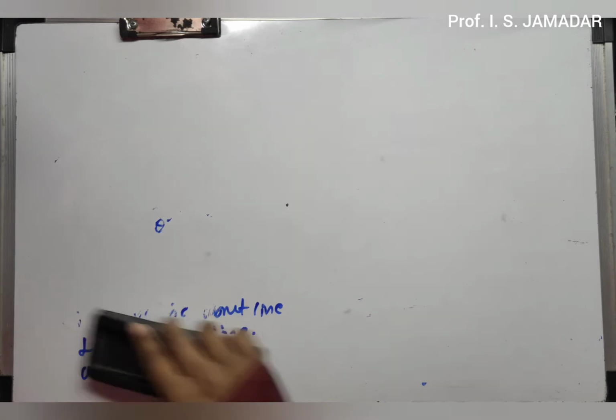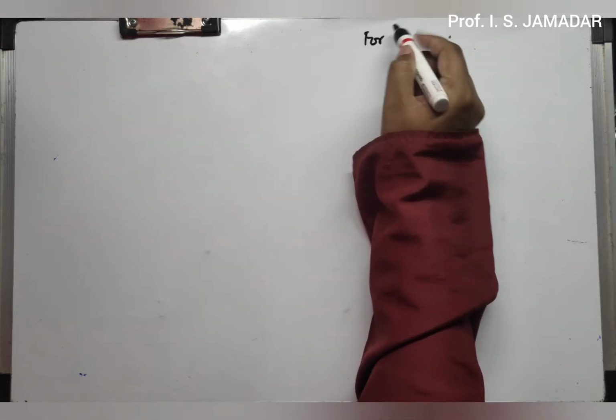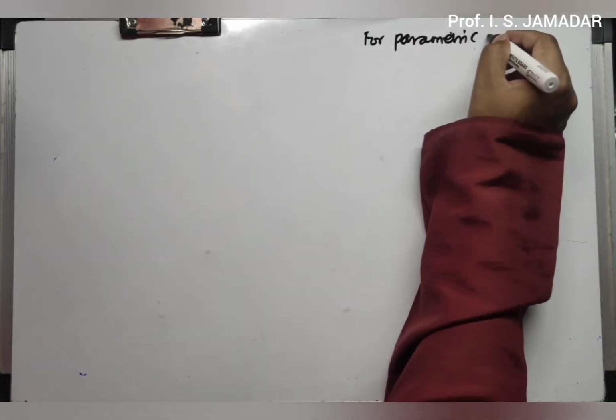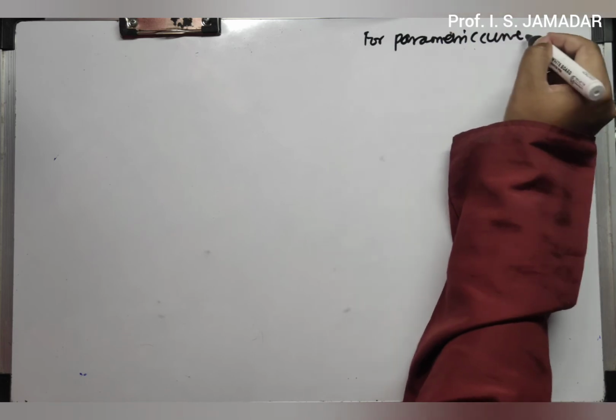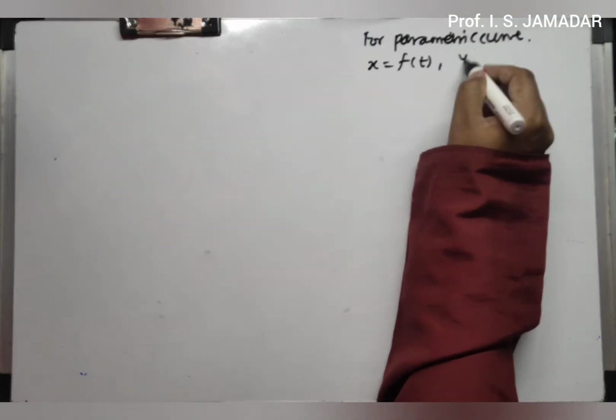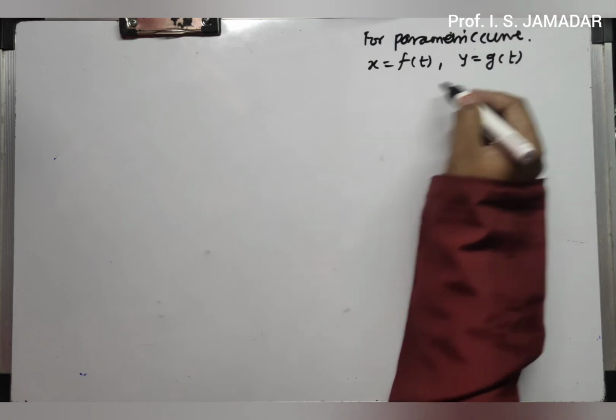For a parametric curve, x equal to f of t and y equal to g of t.